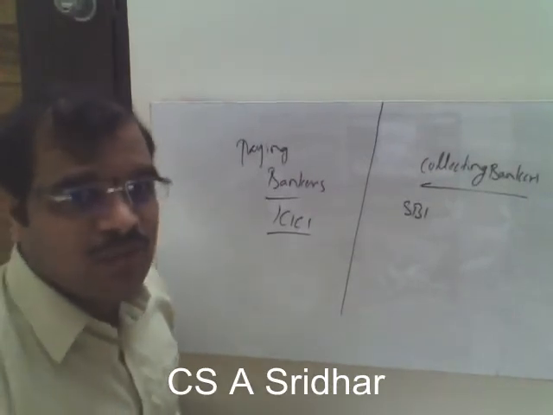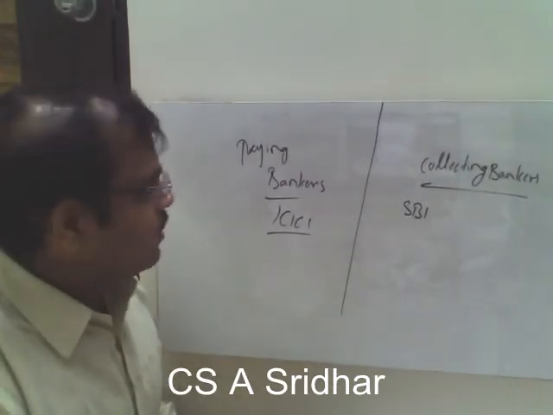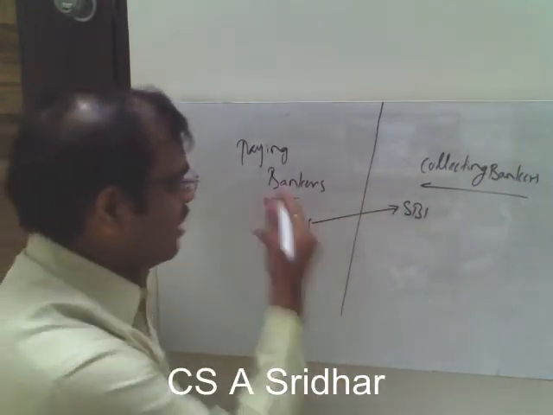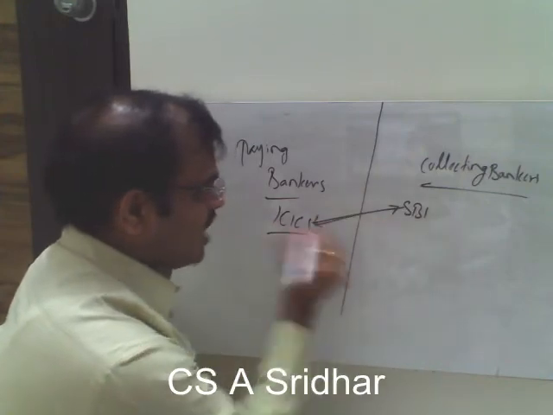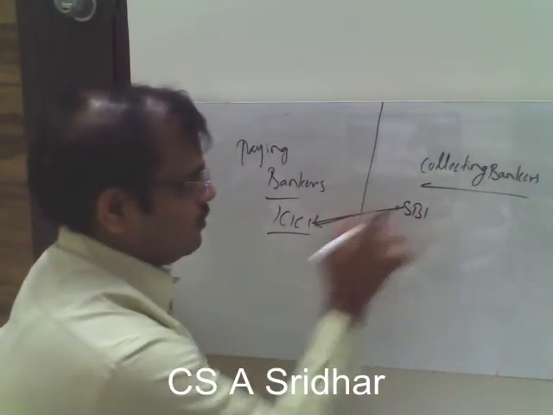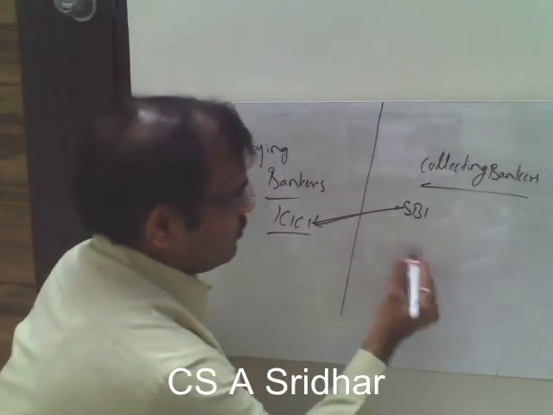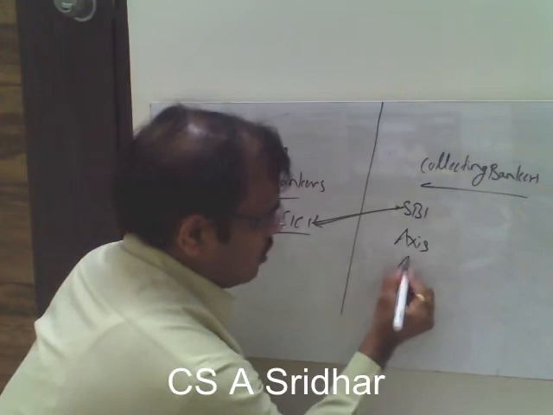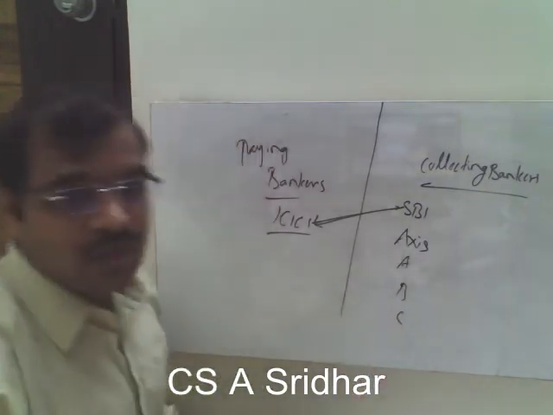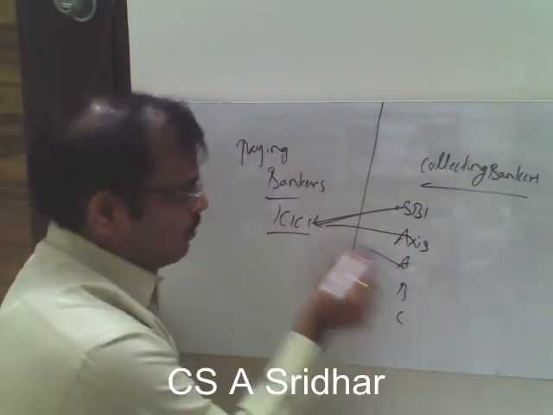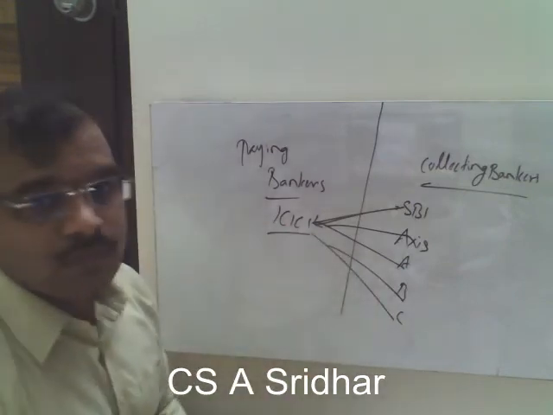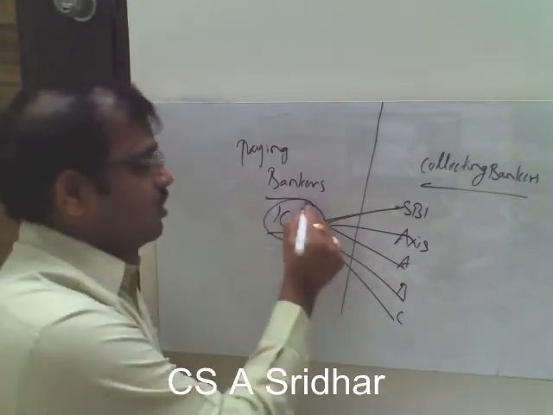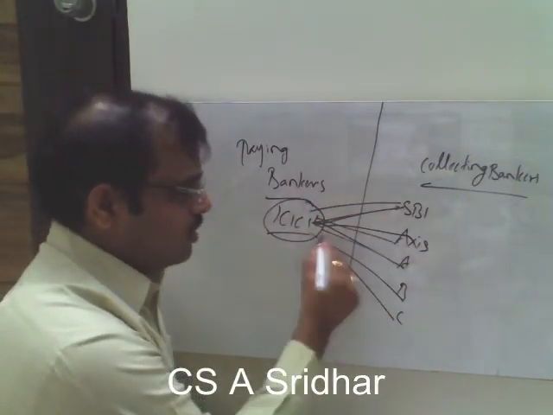ICICI Bank must have so many lakhs of customers, so SBI has to approach ICICI. Like this, we might have Axis Bank, A Bank, B Bank, C Bank. All these people must approach ICICI Bank. When ICICI Bank is paying the amount, it has to make the payment to all these banks.